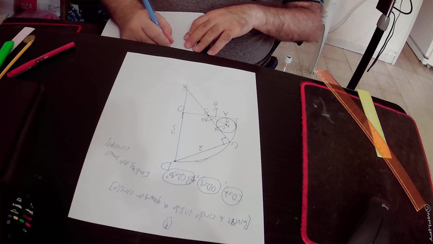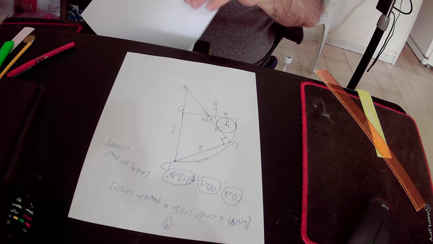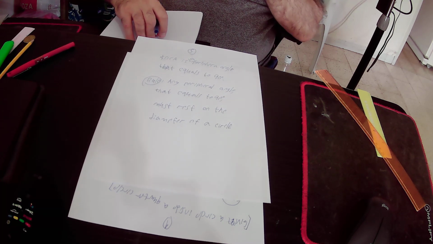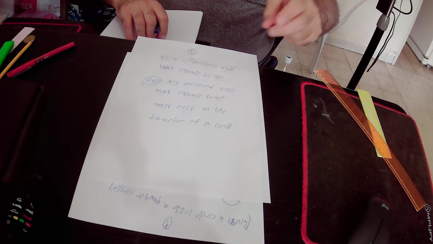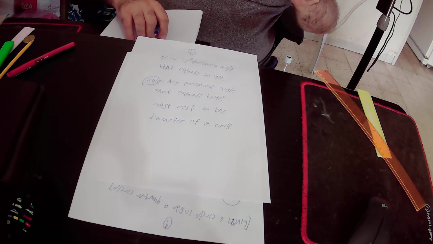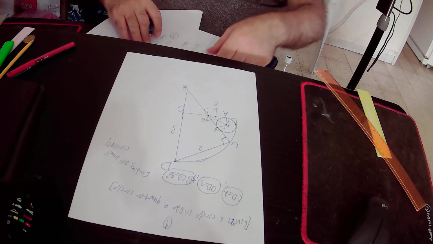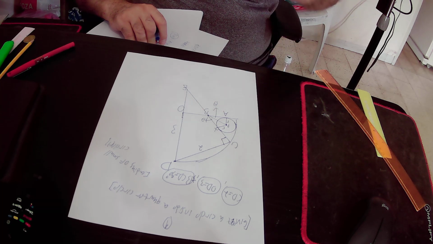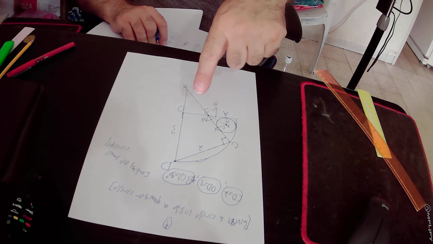I will read the rule again. The rule states that any peripheral angle that equals 90 degrees must rest on the diameter of a circle. And we know that a peripheral angle DCE that equals 90 degrees rests on DE.